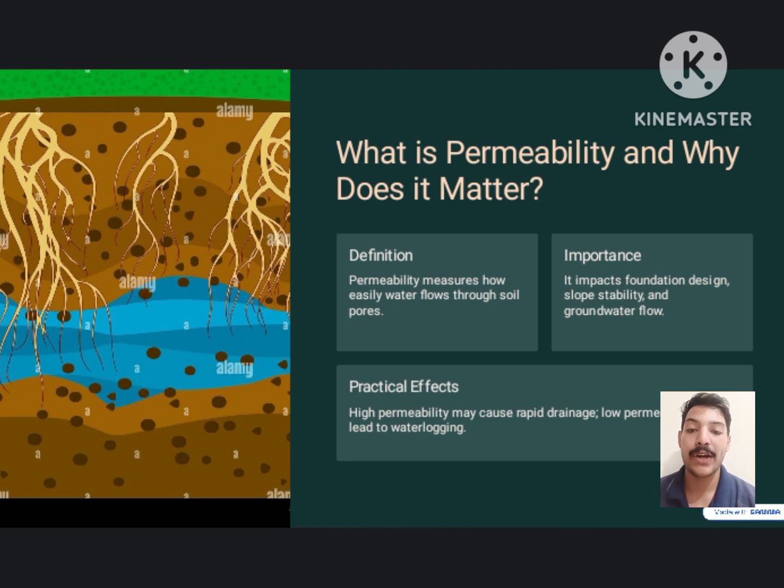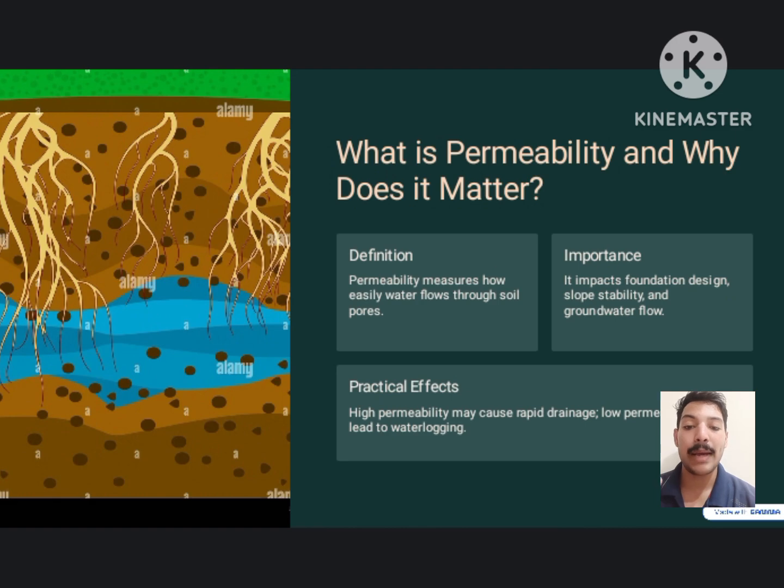On that soil, where after 1 or 2 years we have to construct a building, the behavior of the soil plays a very critical role in the construction. Practical effect: high permeability may cause rapid drainage, while low permeability can lead to waterlogging.